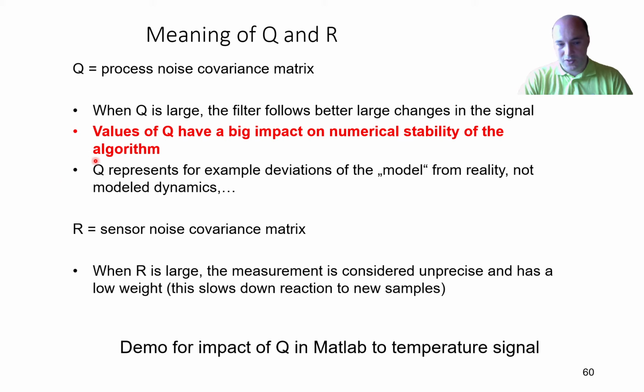So by introducing some non-zero value of Q, we are saying that there is always something that we do not model at all. And we may call this non-modeled dynamics. So for example, you model your system as a first order dynamic system, but you know that in reality it's a much higher order.